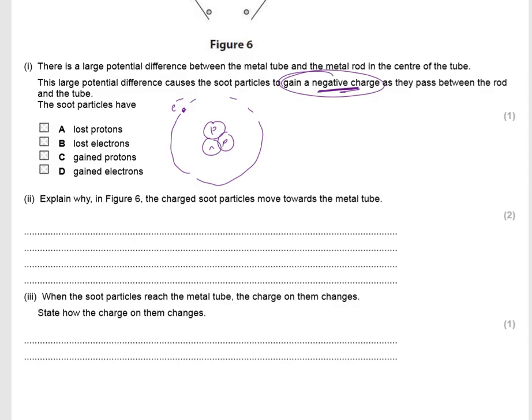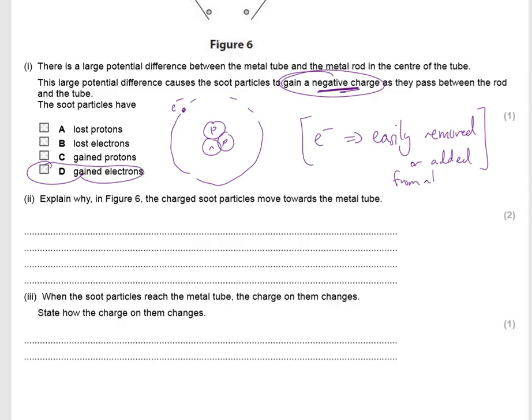The soot is gaining electrons. So electrons are easily removed or added from atoms. We need to be careful there.